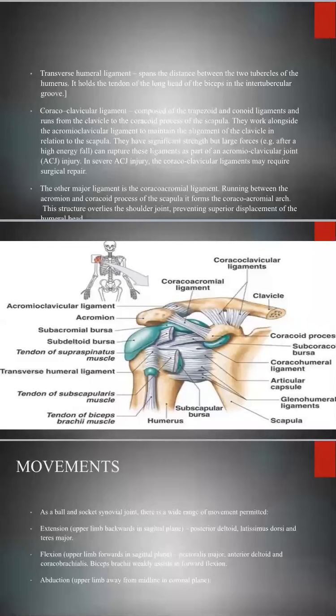Next one is the coracoclavicular ligaments. In the name we can find out what structures they are connecting: the coracoid process and the clavicle.